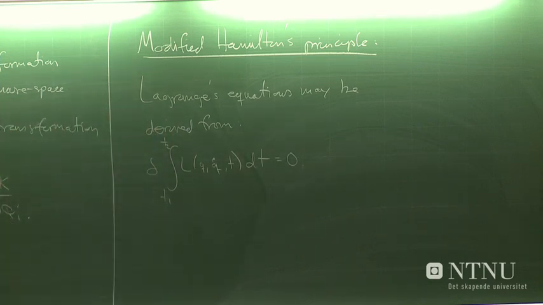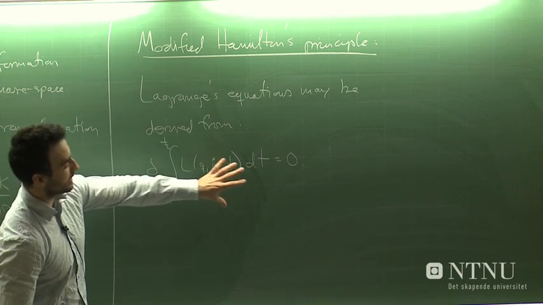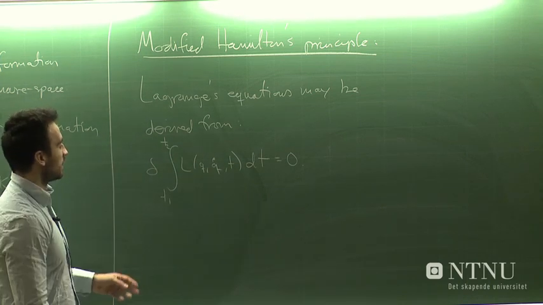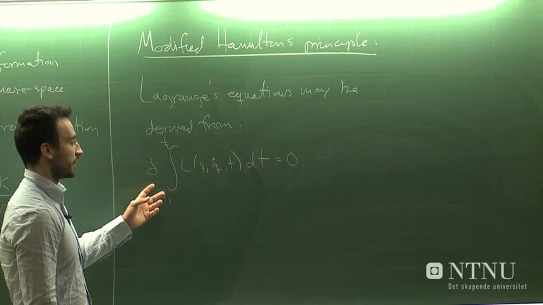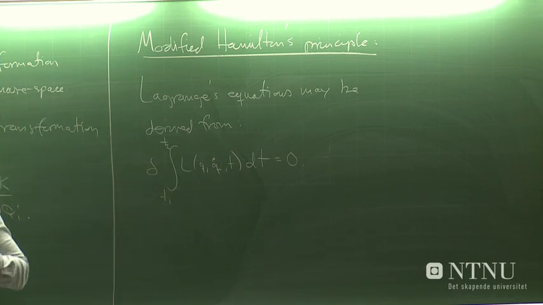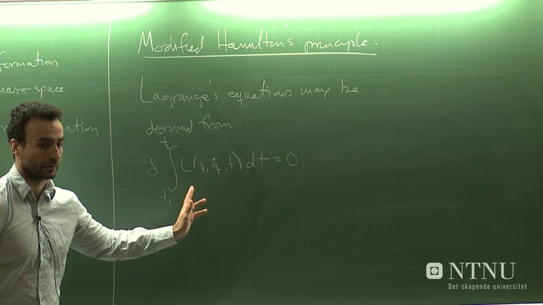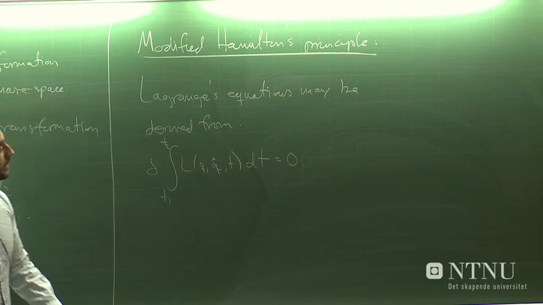Now recall that Lagrange's equations may be derived from the following equation. So this is the action of the system, and we're then demanding the variation of the action for the actual path taken by the system through this configuration space, which in the case of the Lagrangian, since we have q and q dot, should be 0.